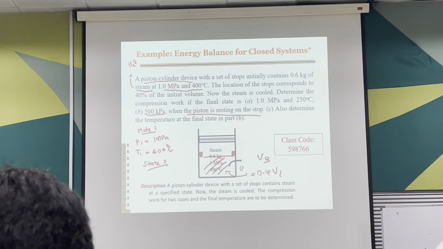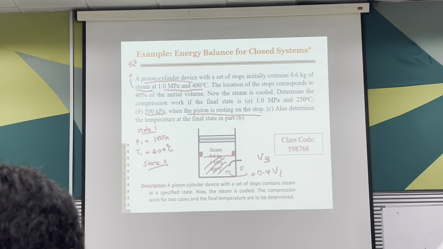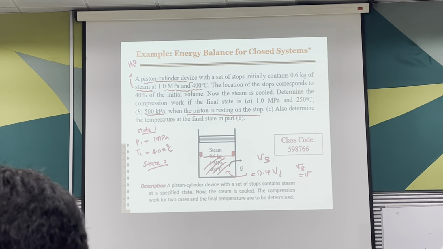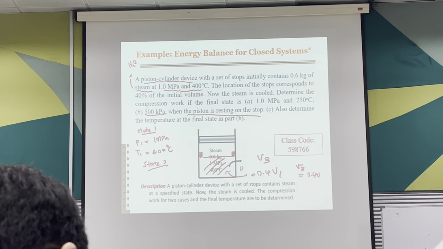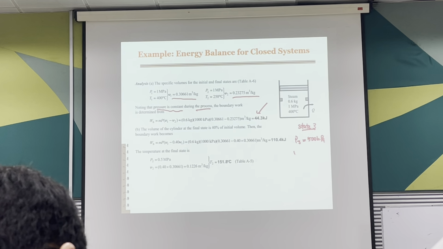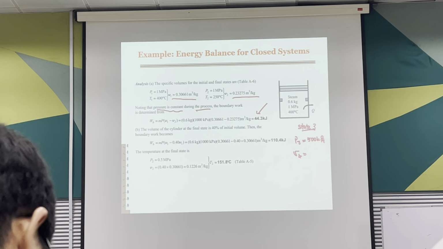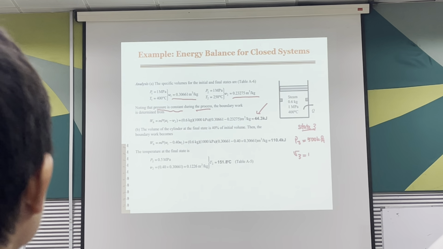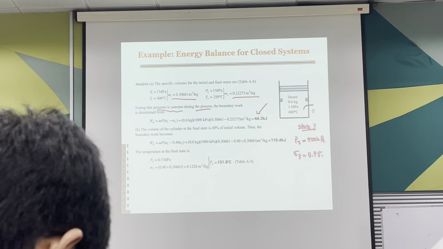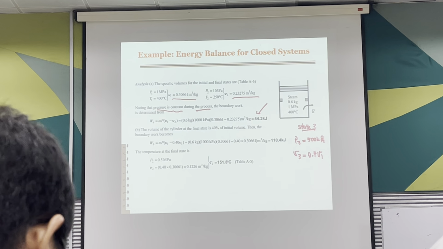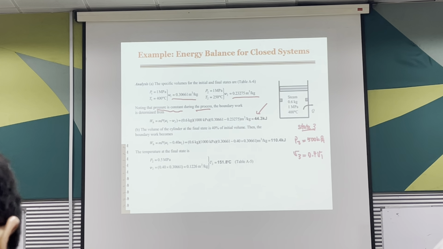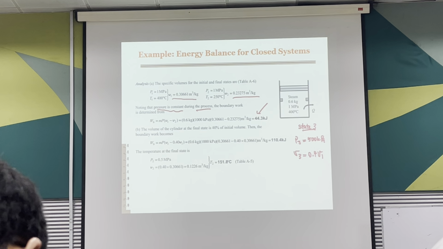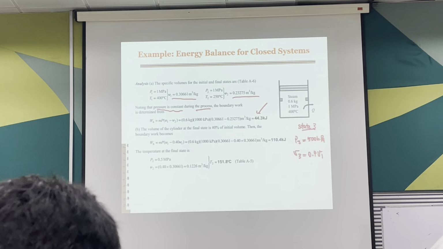And since mass is a constant, it also means that V3 equals 0.4 V1. So this is actually the second piece of information that you know about this question. But for now, we look at B first.